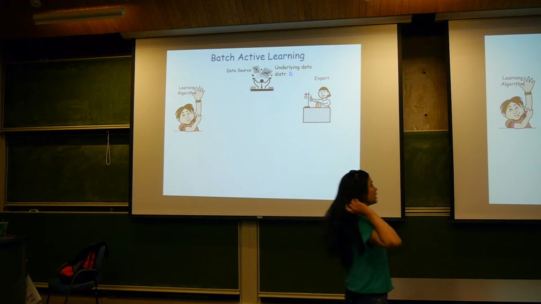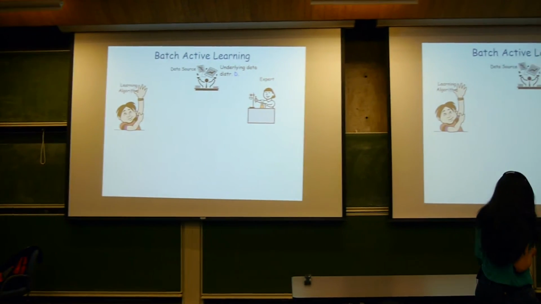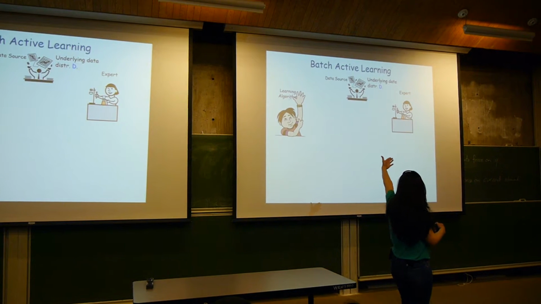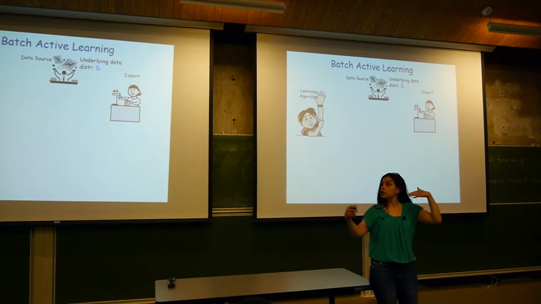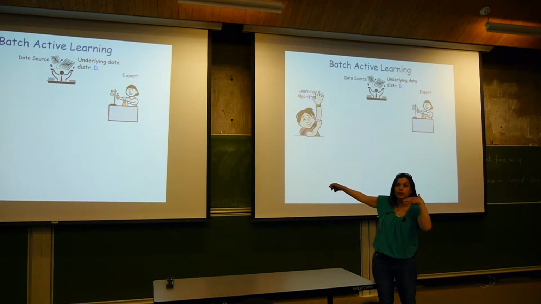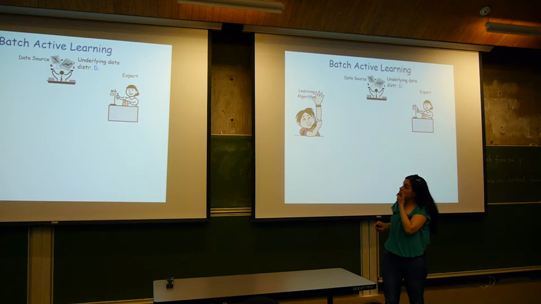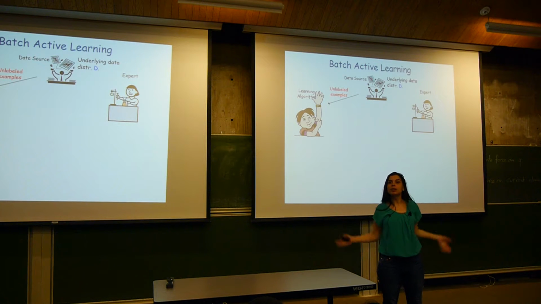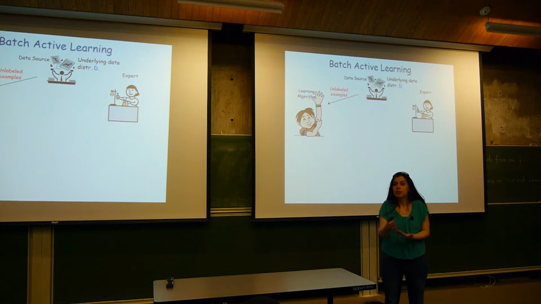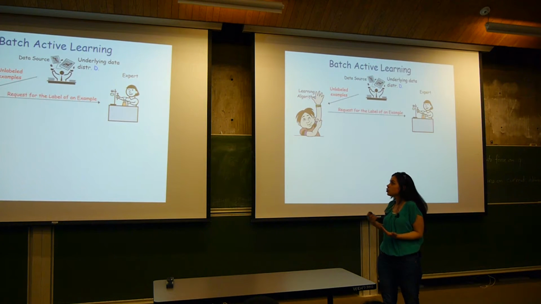The first one is the so-called batch active learning, where, as typical, we assume that we have some underlying source of data. Here, the algorithm first gets to see a large amount of unlabeled examples, the same as in semi-supervised learning. But as opposed to semi-supervised learning, now the algorithm has the ability to choose specific examples to be labeled.